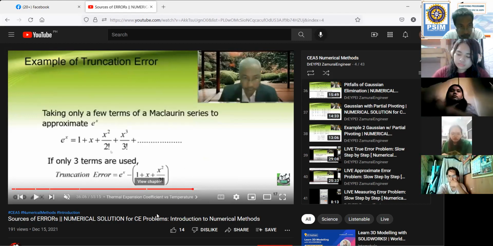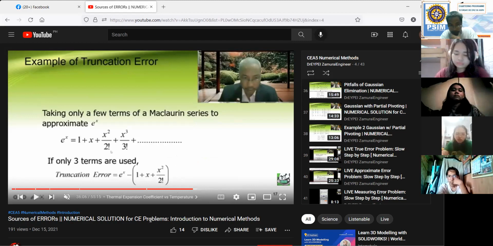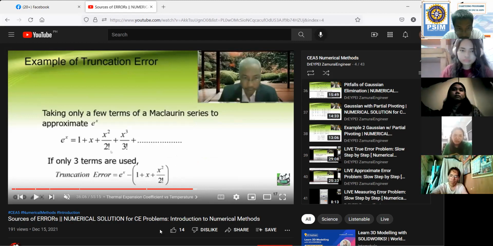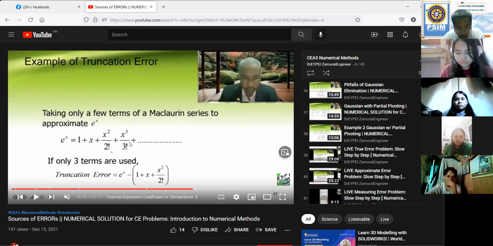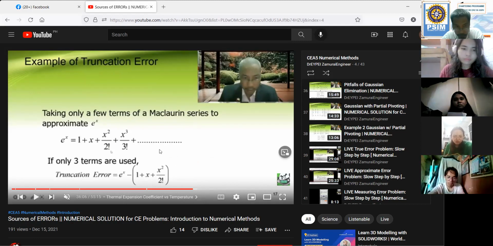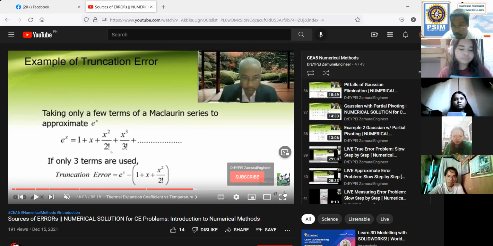So, example of truncation error. This is just an explanation. There is no problem solving here. Truncation error means if we are only using four terms, 1, 2, 3, 4, the rest of the terms will become error using the Maclaurin series.